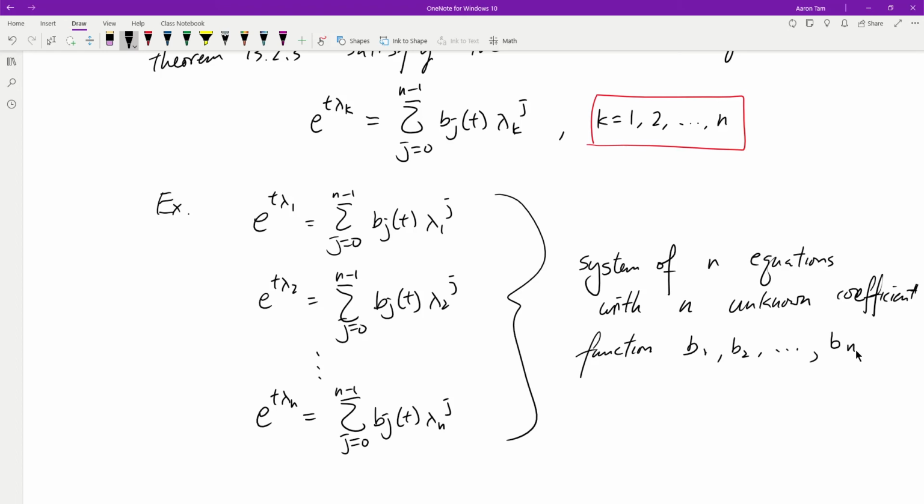Actually, technically speaking, b sub 0, b sub 1, all the way to b sub n minus 1. Yeah, because the index starts from 0 to n minus 1.